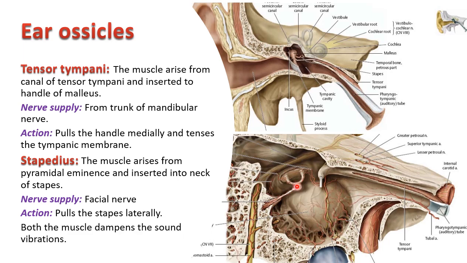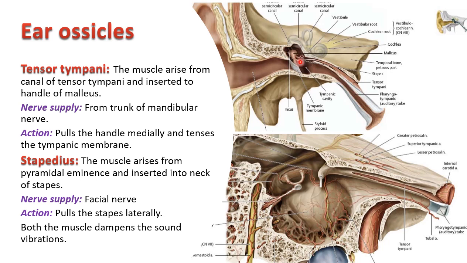This is what happens when the tympanic membrane is vibrating. When you inflate the tympanic cavity via the auditory tube through air, the handle of malleus has to move laterally. When it moves laterally, the incus and the stapes do not move because the handle is not locked at the malleoincudal joint.